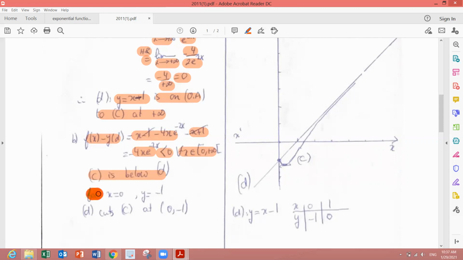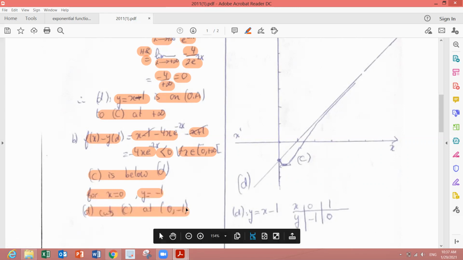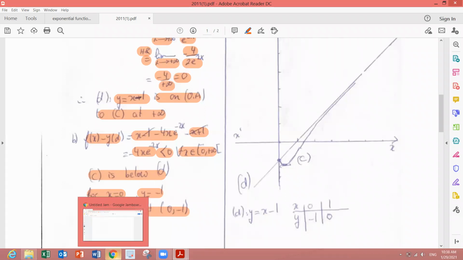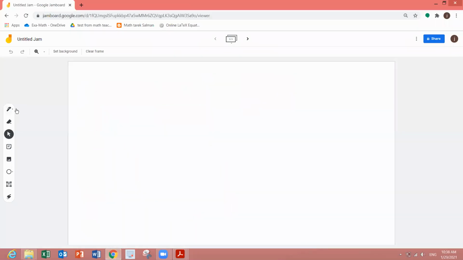Thus we have the case for x equal to 0, y equal minus 1, means D cuts C at the point (0, -1). Or we can say it in this way: f(x) minus y_D. What did we get?